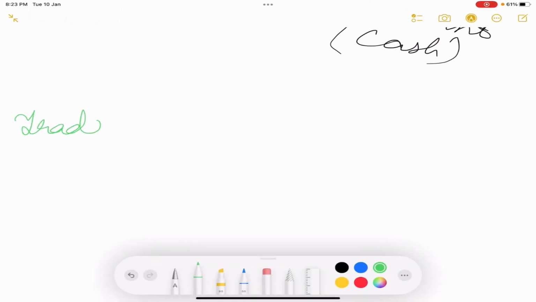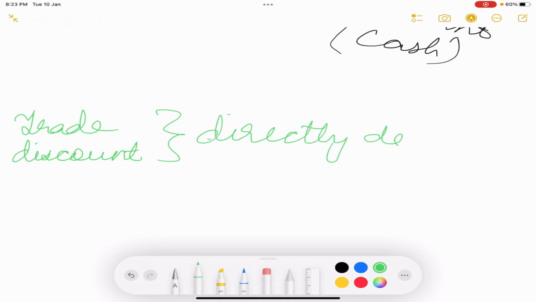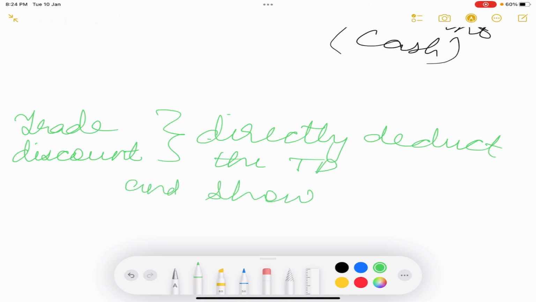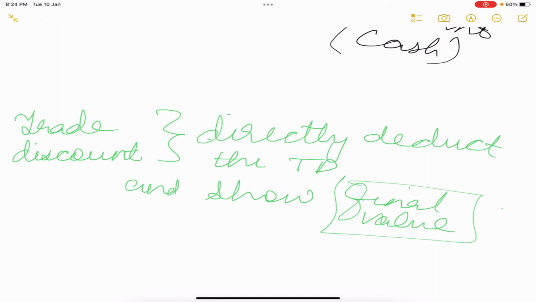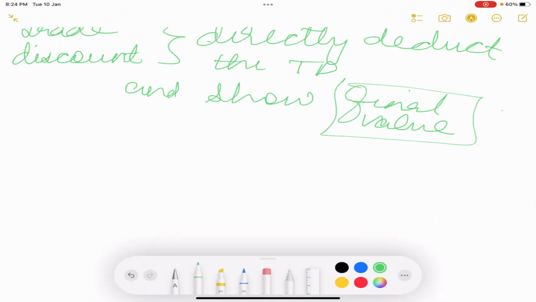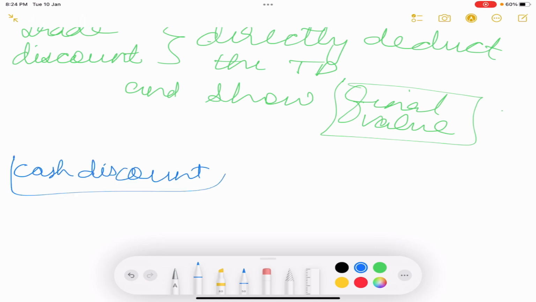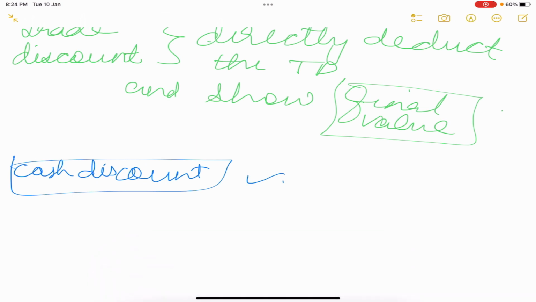When we talk about trade discount, how are we going to show it? We are always going to directly deduct the trade discount from the value and show the final value. You know this, right? Whereas in the cash discount, there are various situations which we saw in the explanation video.